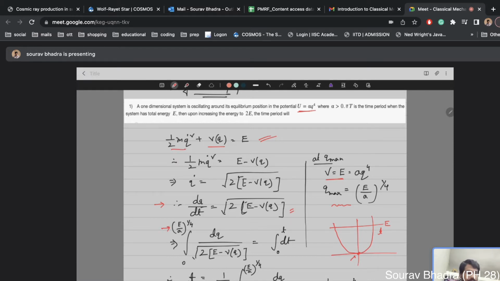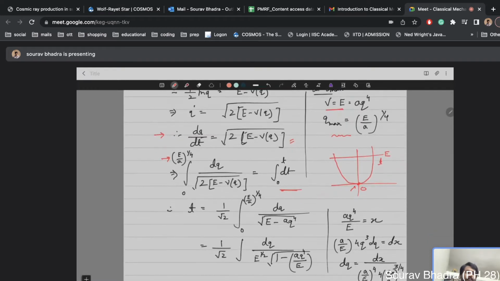Your q max is (E by alpha) to the power 1 by 4, and it is 0 at the equilibrium position at O, say. This will give you the time period of the system. I have written small t because the total time period, capital T, is actually 4 times small t.